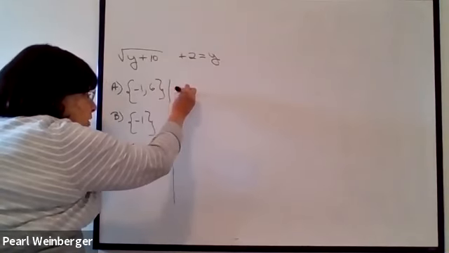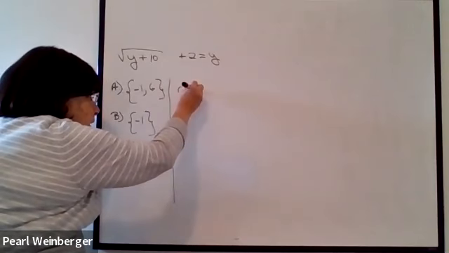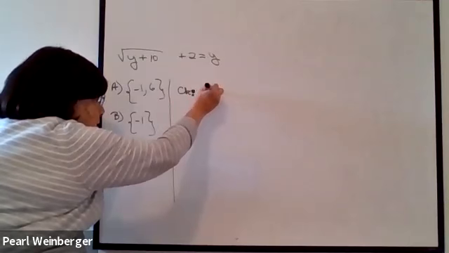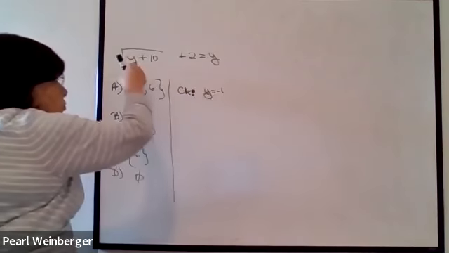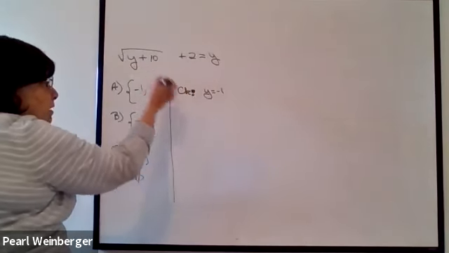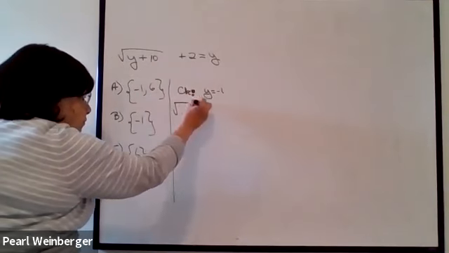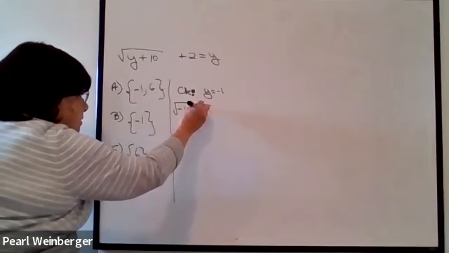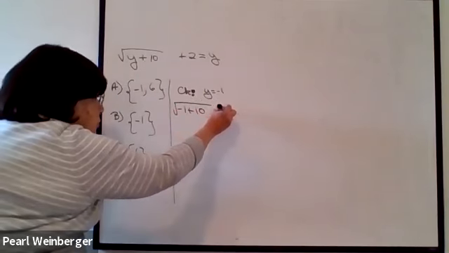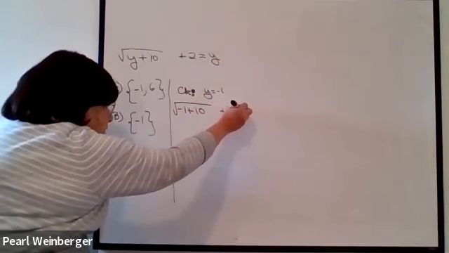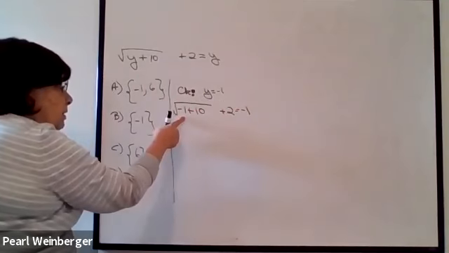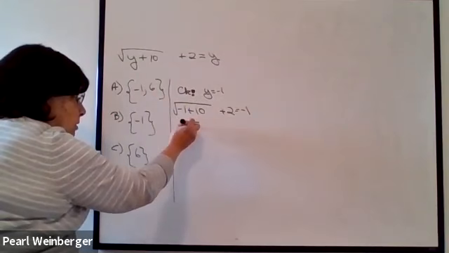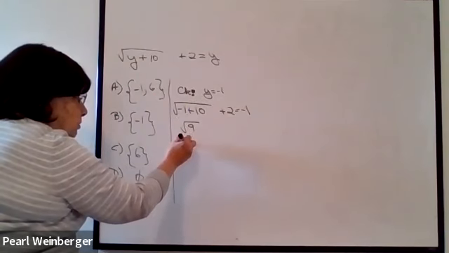So first I'm checking with -1. I'm going to replace the y with -1. That'll give me the square root of -1 plus 10, plus 2, equaling -1. Now -1 plus 10 is 9, and the square root of 9 is 3.